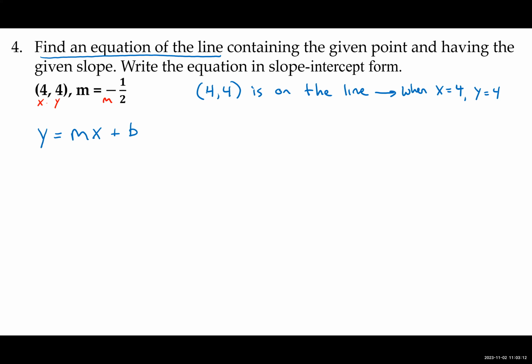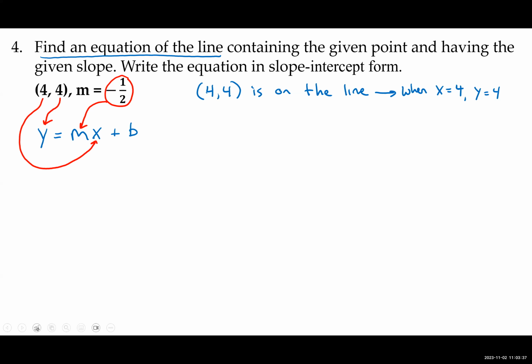Now the x and the y are just, we're temporarily using 4 and 4. But if we take those values, right, so the -1/2 is going in for the m, the y value is going in for the y, the x value is going in for the x, right?